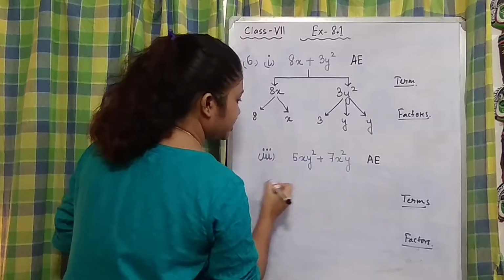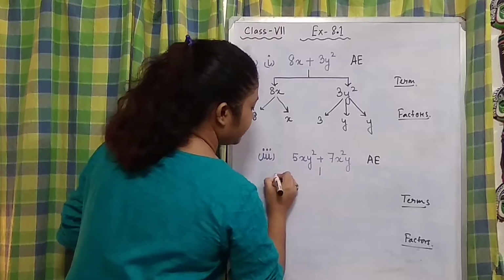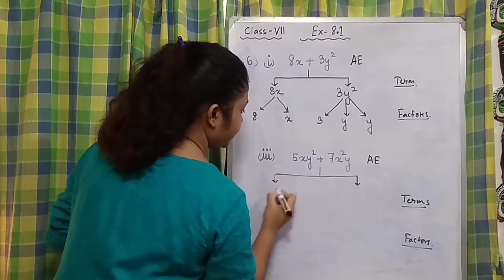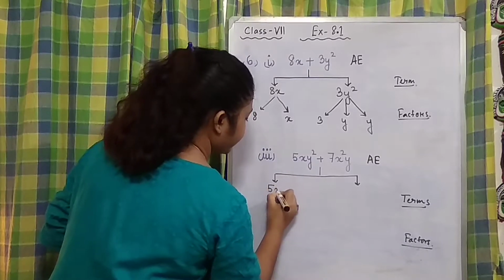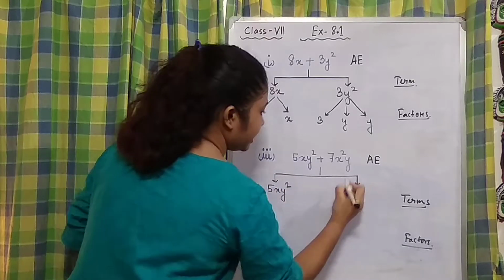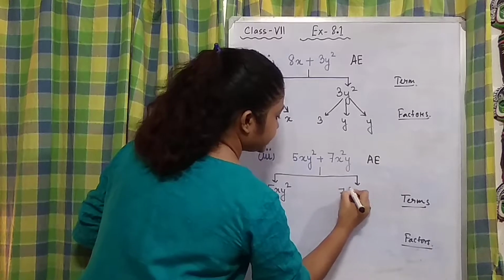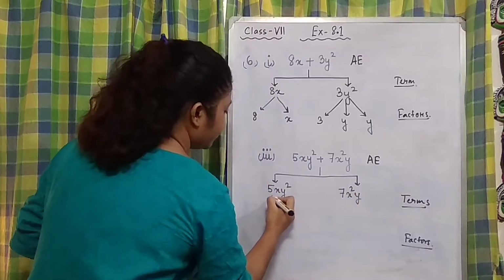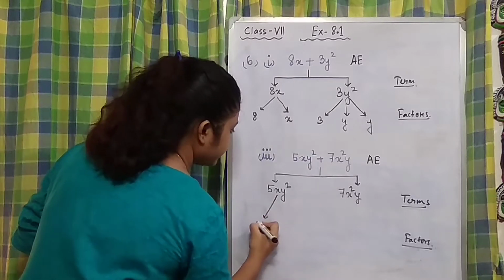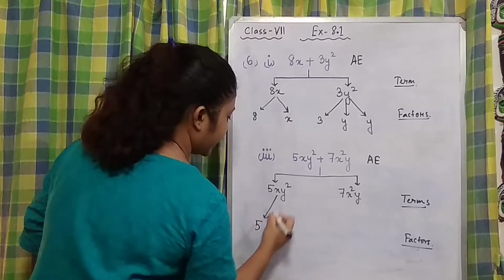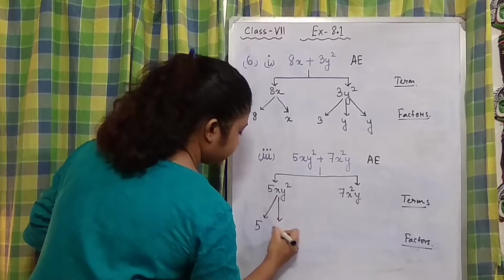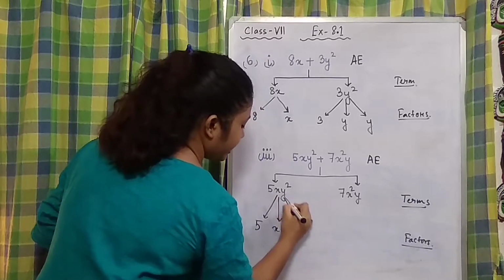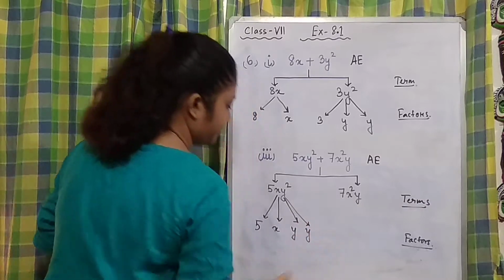Coming to the next one, look at this. A similar method we are going to follow. The first term is 5xy square. Second one is 7x square y. Okay, now from here we are going to sort the factors. First one is 5, next x, y square means first y and second y.